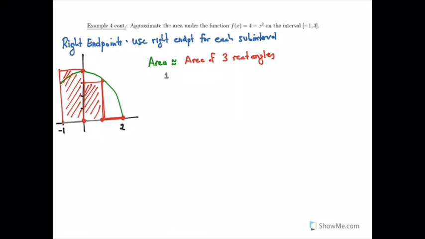So we're going to look at the first rectangle, second rectangle, third rectangle, and we have base times height of all of these rectangles, and we are going to add them all up.